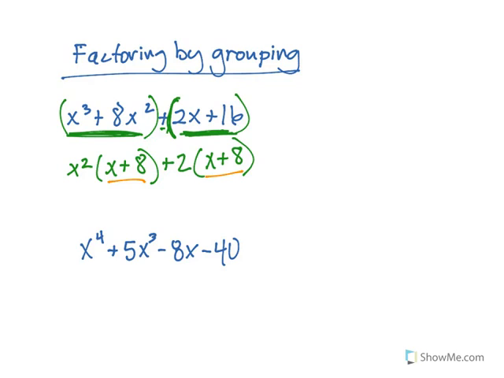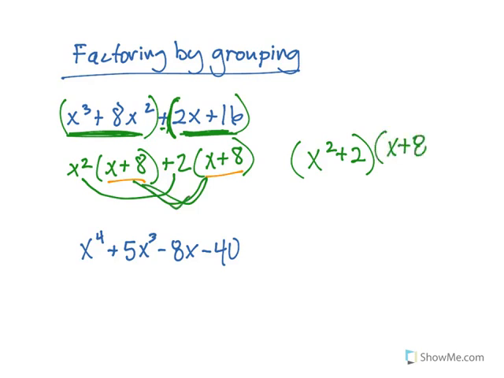You need to go back and try it again. Okay, so what you do from there is you take these two on the outside, and that becomes one of your binomials. And then you take these two, you just take one of them. And that right there is your answer.